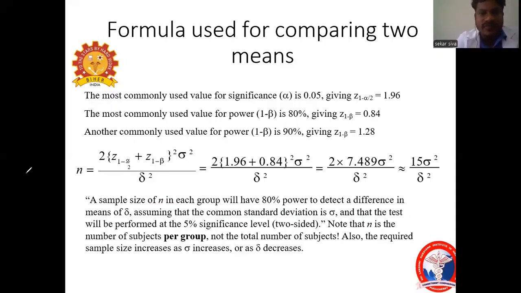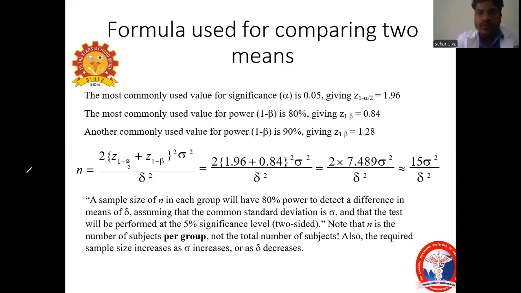The sample size of n in each group will have 80% power to detect a significant difference in means of the given effect, assuming that the common standard deviation is sigma and that the test will be performed at the 5% significance level, two-sided. Note that n is the number of subjects per group.